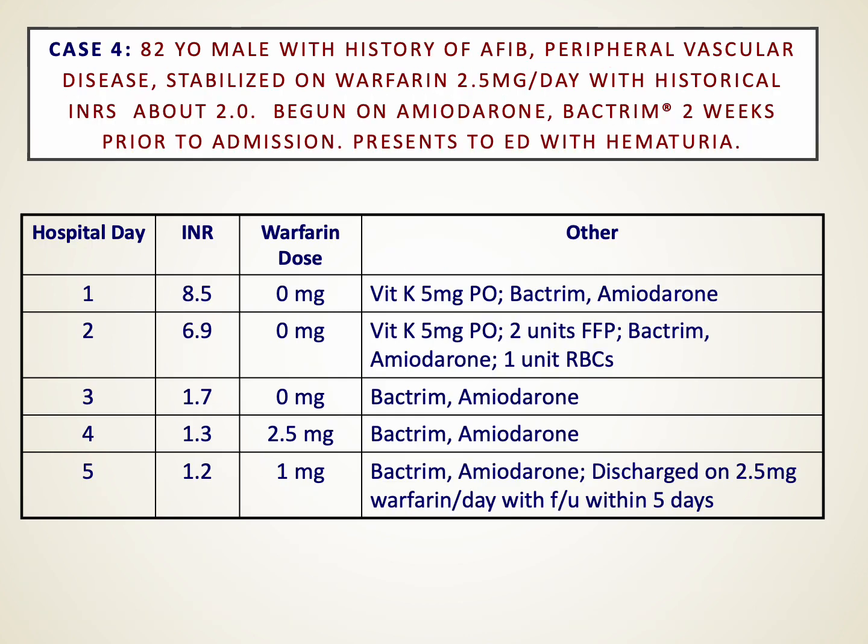Okay, a couple more quick cases before we go on. An 84-year-old with AFib and other problems. INR is high, gets vitamin K. Also on interacting drugs, Bactrim and amiodarone, which can also account for the high INR.